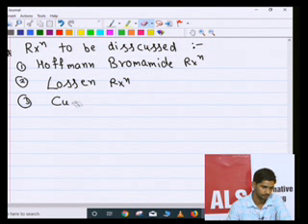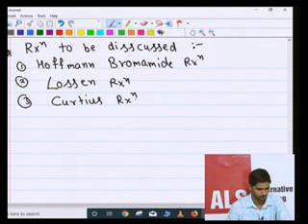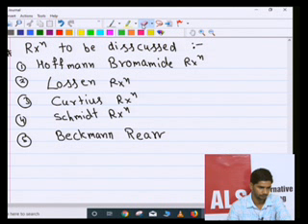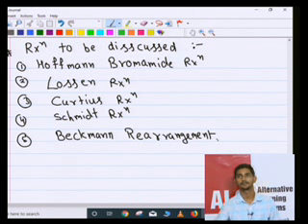Curtius reaction, then Schmidt reaction, and last is your Beckmann rearrangement. Note it down, guys.